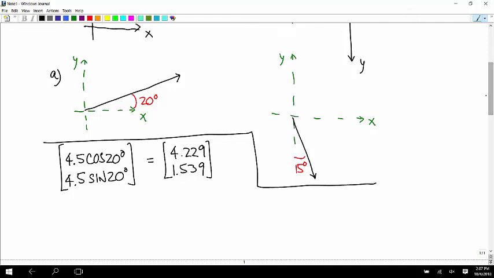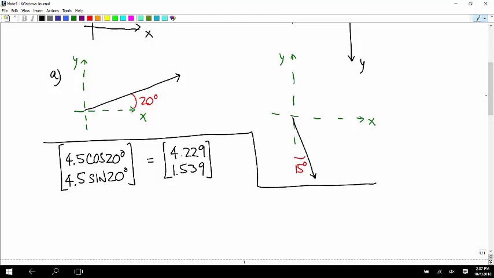And this other vector, and let me slow down. The 20 degrees I use here is because you always start at the positive x-axis and go counterclockwise to get to the vector. So that's 20 from here. This one isn't going to be 15. For this one, you have to go counterclockwise from the positive x-axis to here. You have to go 270 plus 15, or you can go negative 75, and it'll give you the same thing either way.